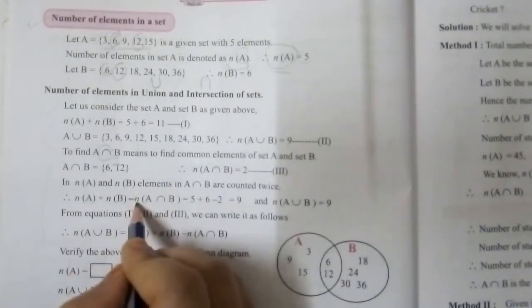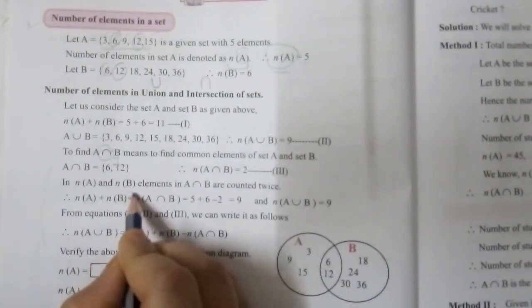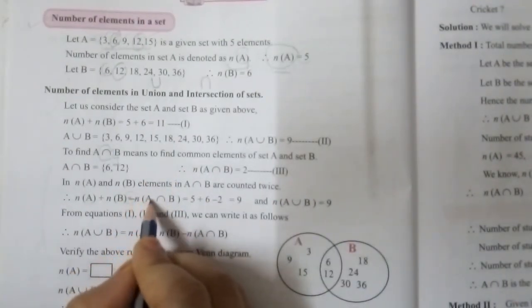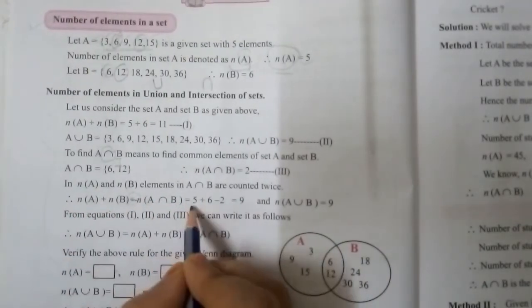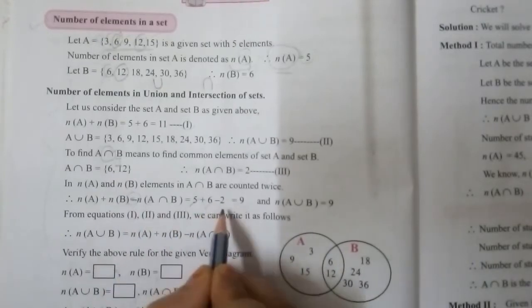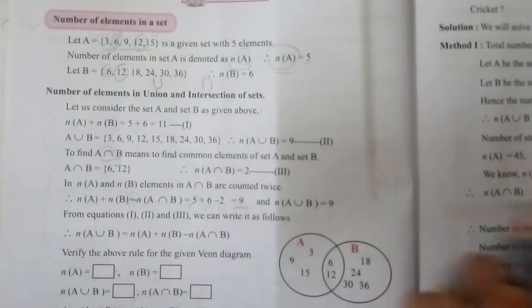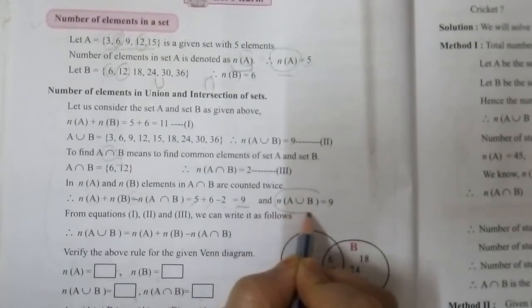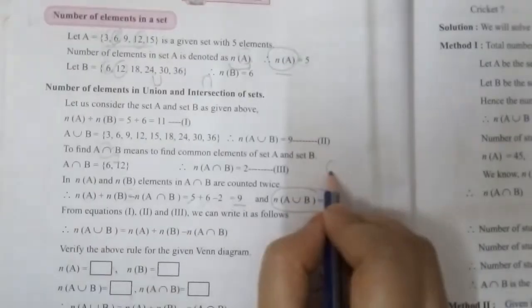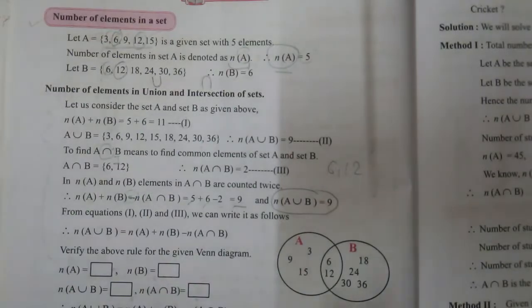Therefore it is minus the number of elements in A intersection B. So here the number of elements in A are 5 and in B 6, minus 2, it will be 9. So therefore we are getting the number of elements in A union B is equal to 9. That means 6 and 12 we are taking only once.